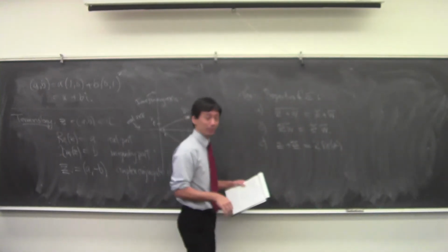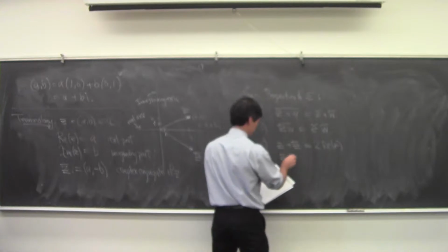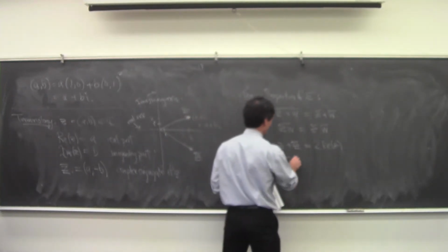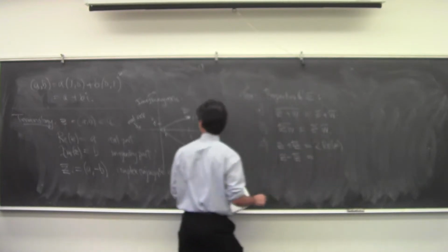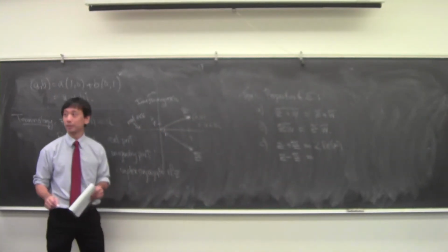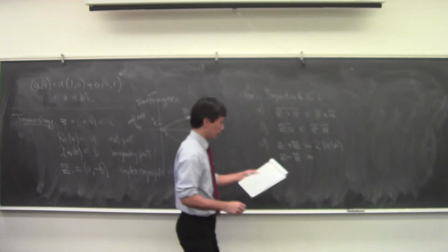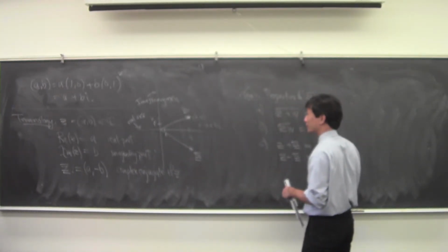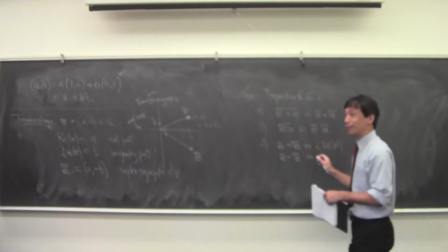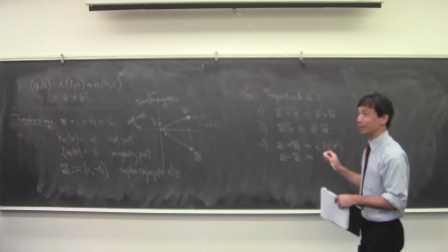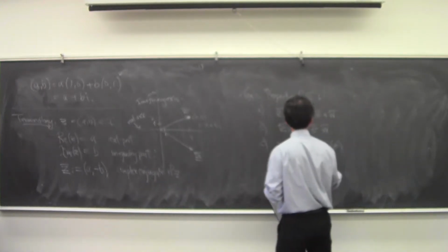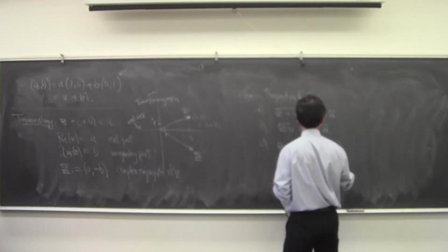Same thing if I take z minus z bar. What do I get? You get 2 times i times the imaginary part of z.